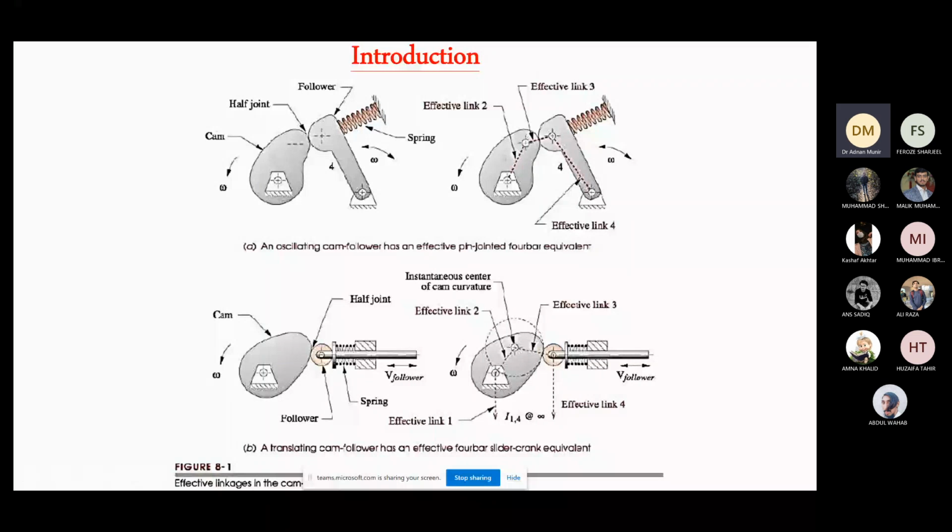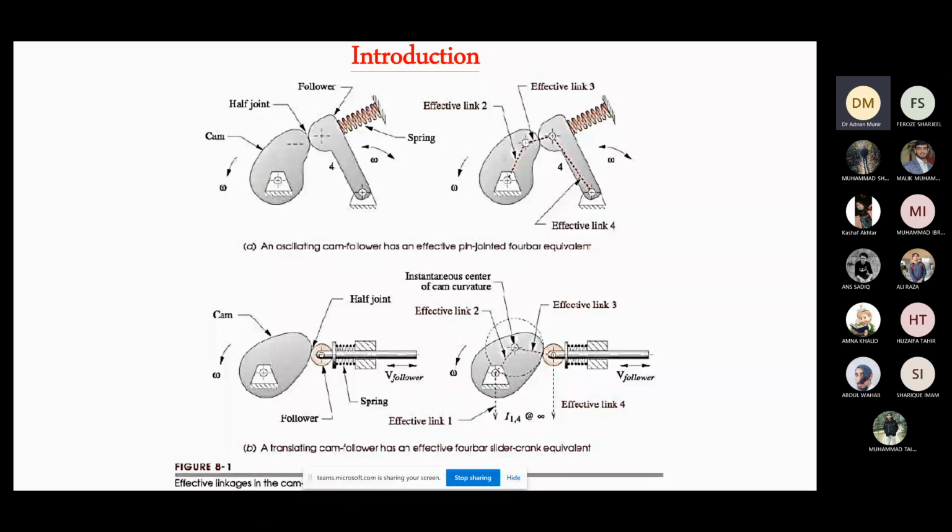Anyways, okay. In the top figure, you can see that we have an oscillating cam follower system. Why is it called an oscillating cam follower? Because we have a cam on the left-hand side, and on the right side a follower that is connected to a spring. When the cam moves, the follower also rotates, but it cannot have full rotation. Why?